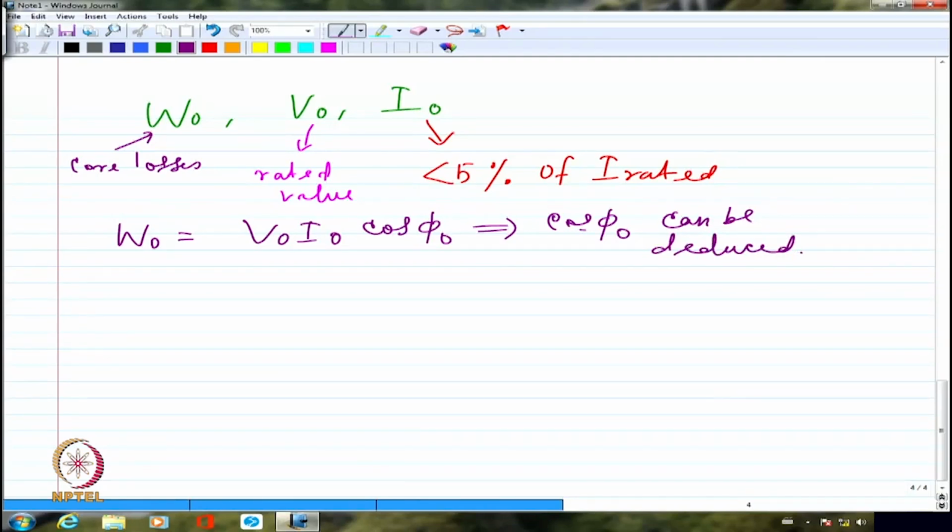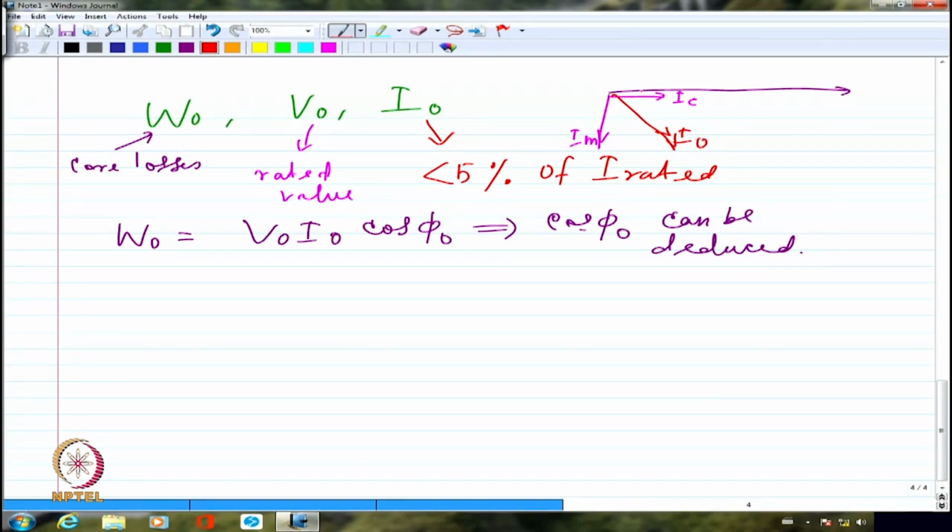Right? Once I have cos phi naught, I should be able to say, see, we drew the phasor diagram, if you may recall. If this is V, I'm going to have IC along this and IM along this. So the resultant current will be somewhere here, which corresponds to I0.